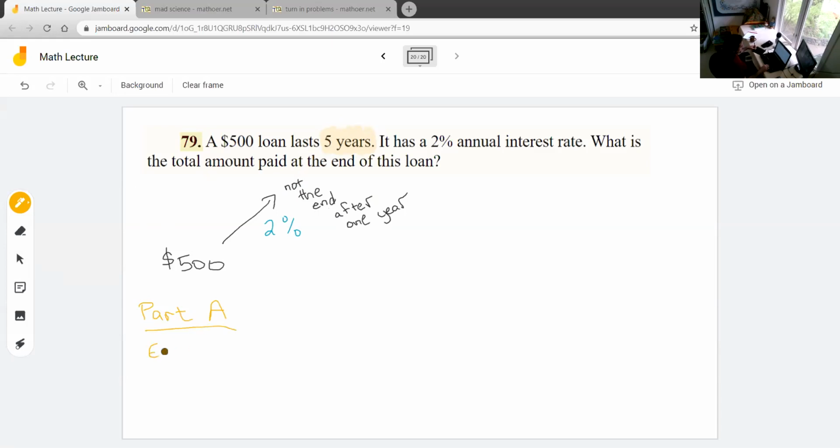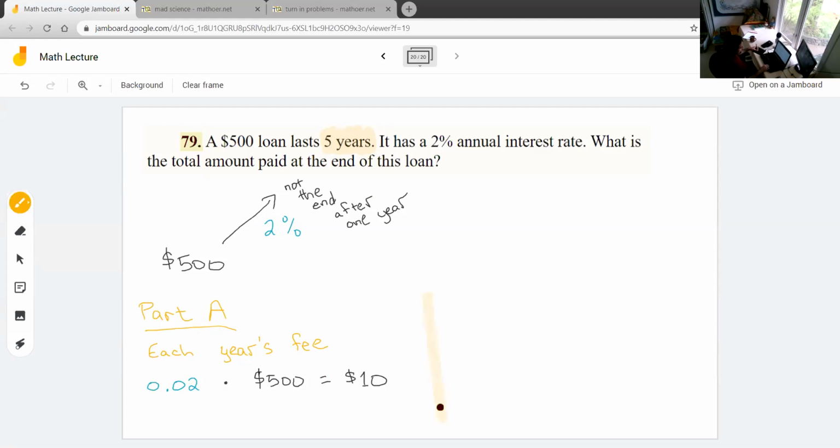So for each year, we have the 0.02 times the 500 is $10.